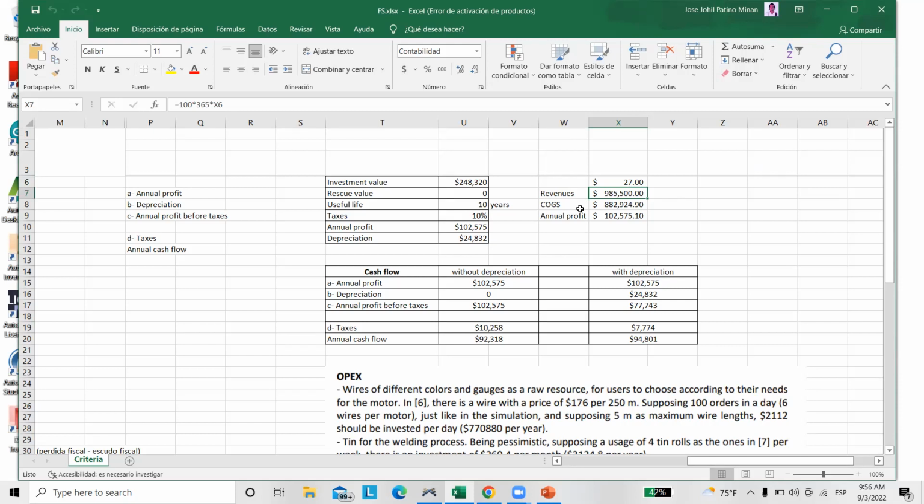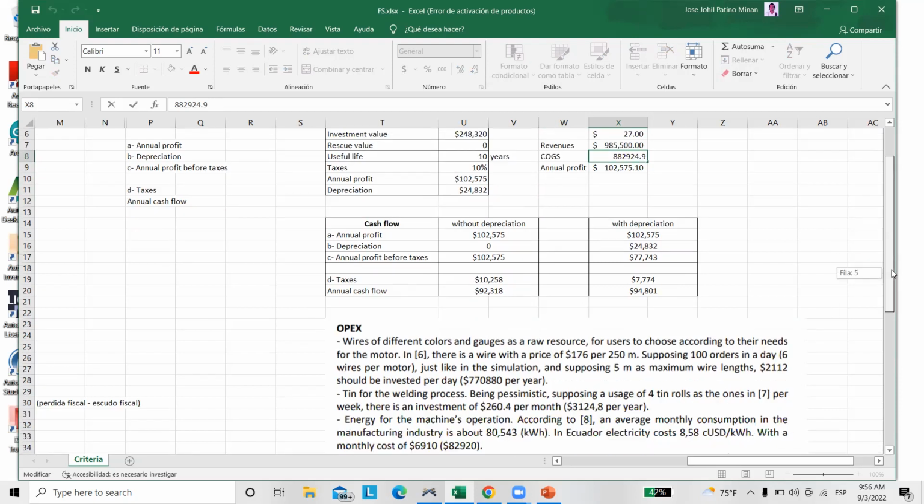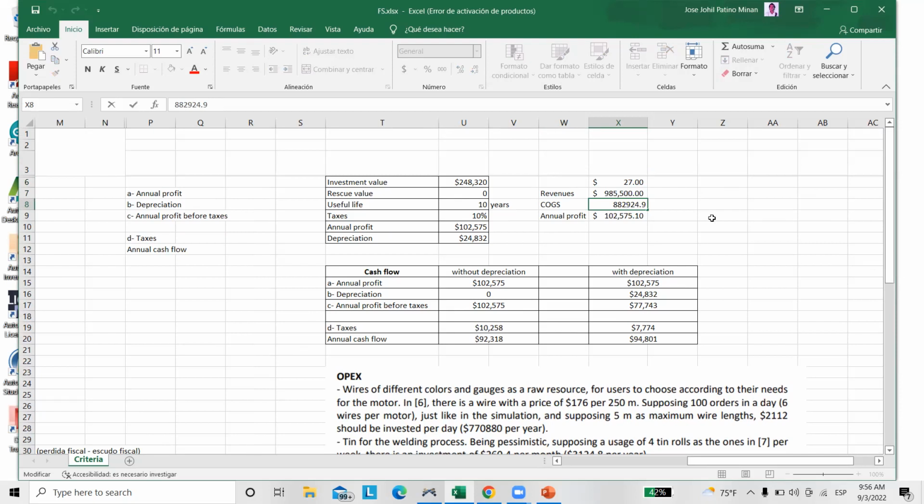We have to consider the cost of goods sold, which considers the operational expenditures, which sum up this quantity right here. Finally, the annual profit is $102,575, and this would be our cash flow.